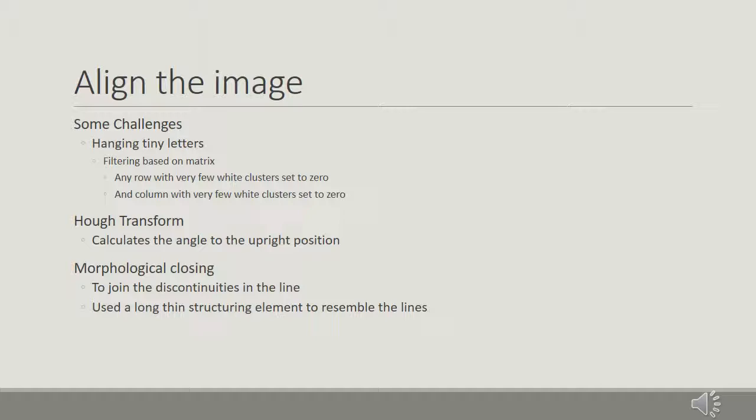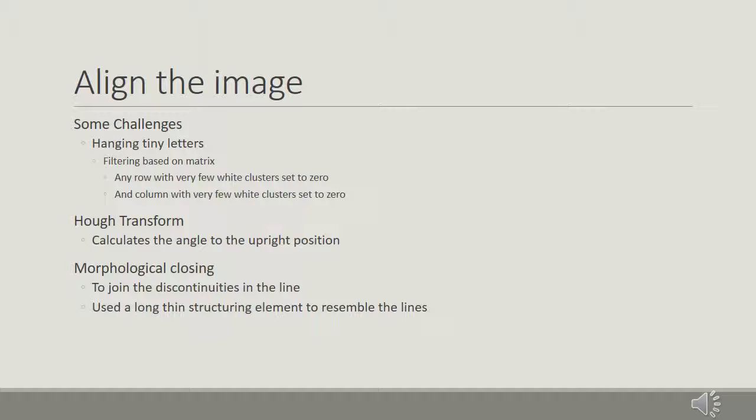So to do that, you apply Hough transform. It will see those horizontal lines on the nutrition fact table. It will tell you the angle at which they are detected, and if you apply the negative of that angle on this particular image, it will be a perfectly aligned image.